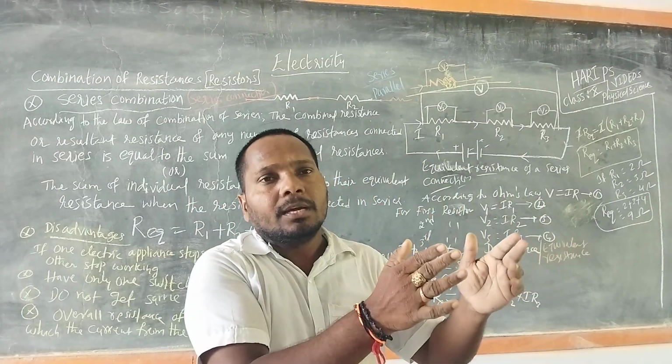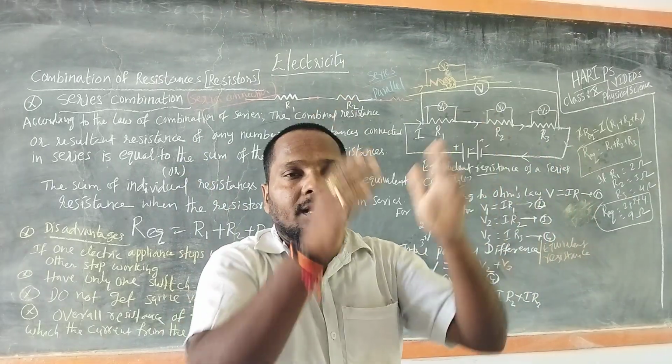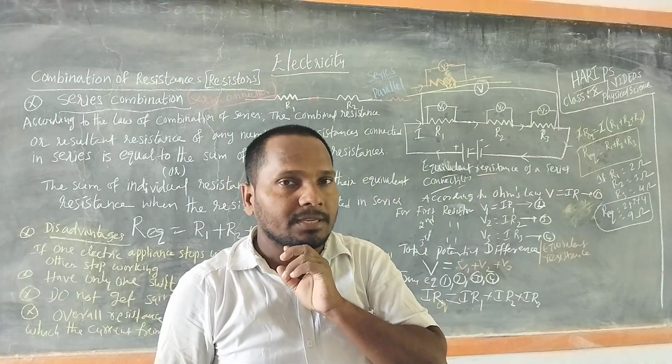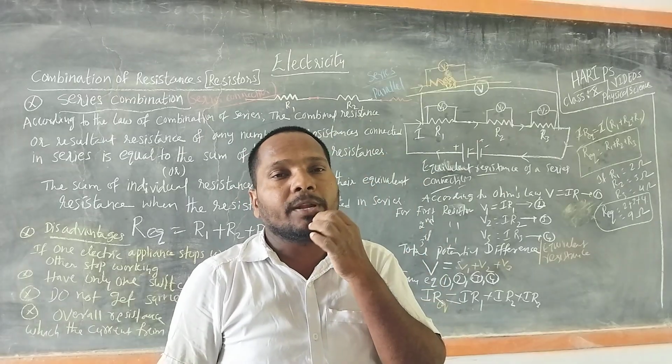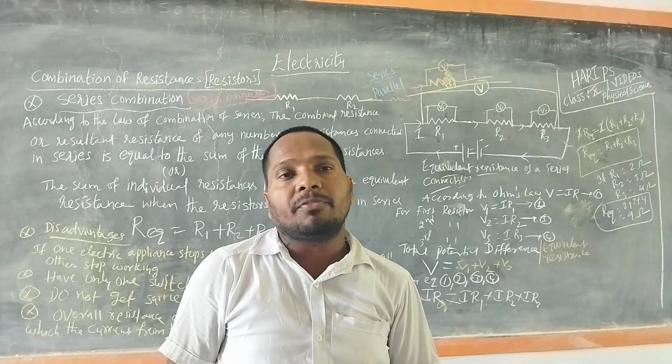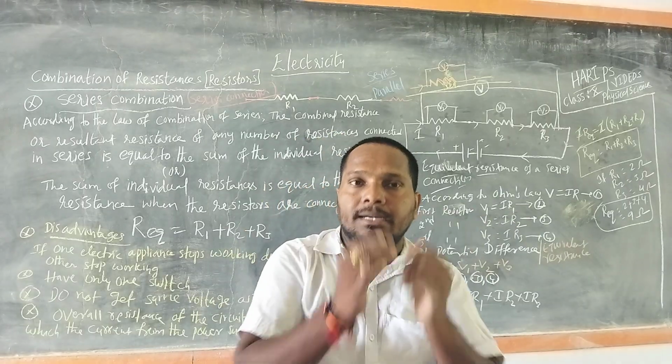For a battery, for example, three resistors are connected. The sum of their potential differences is equal to the potential difference of the battery connected in the circuit.